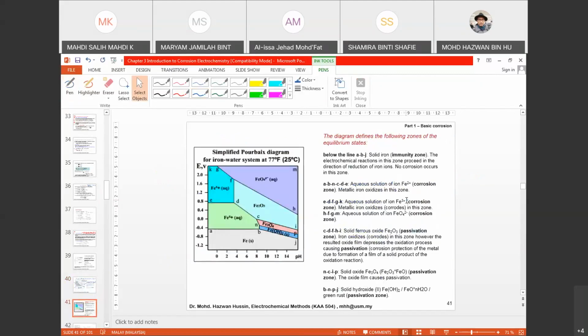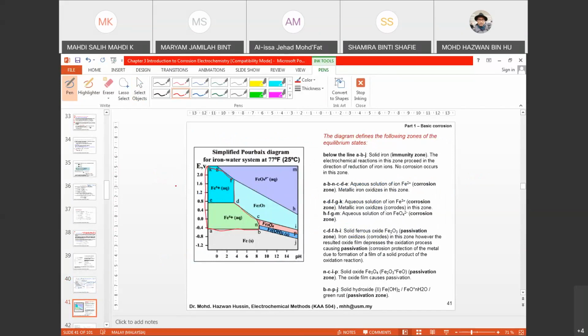It's okay, Doctor. Right. So this is the other explanation for the Pourbaix diagram, because just now we have seen that when you have a more positive potential, like this region, I just colored it with red.